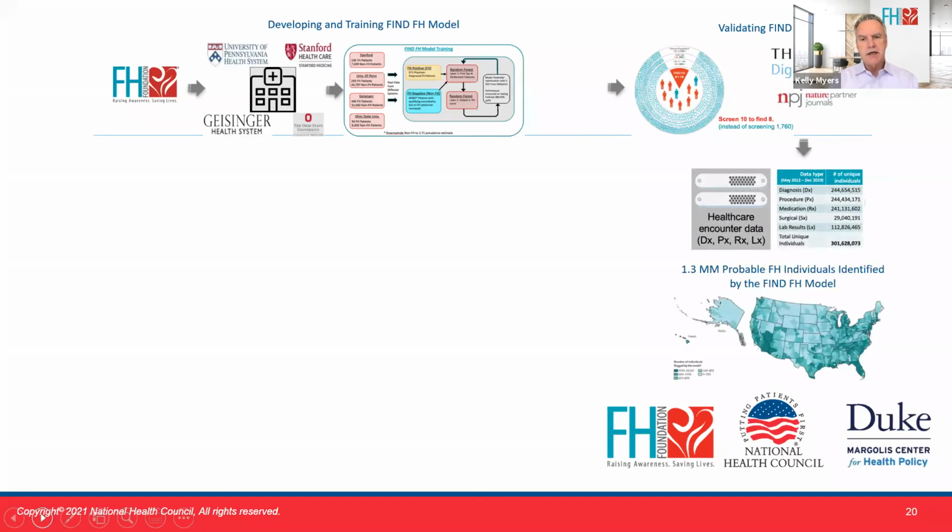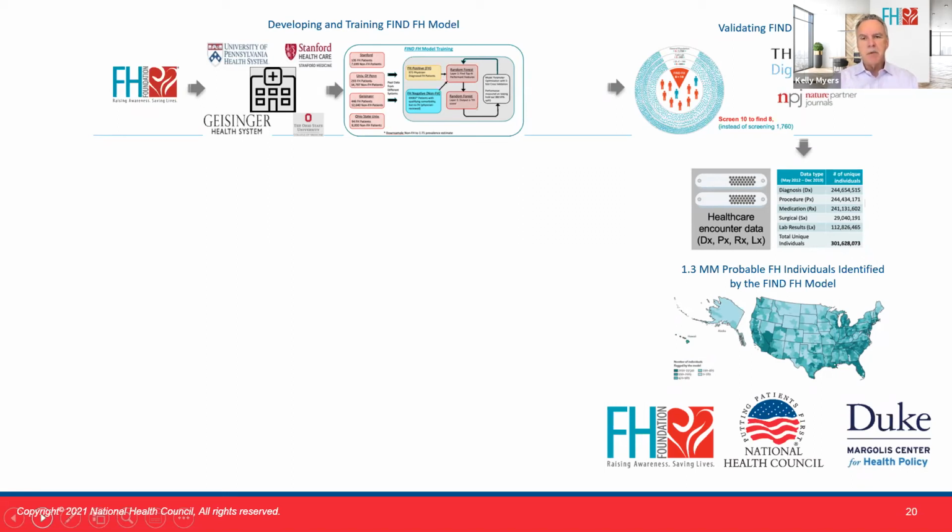And this national data set was built with a combination of healthcare encounter data from all payer types and all institutions. We have over 300 million individuals with at least one healthcare encounter in the database, and lab result data on over 100 million individuals, which makes this a very unique data set.